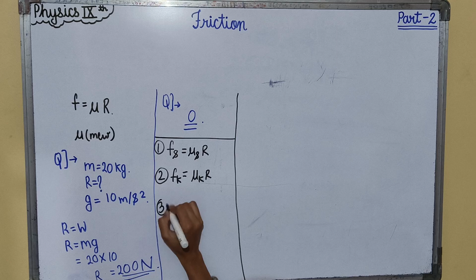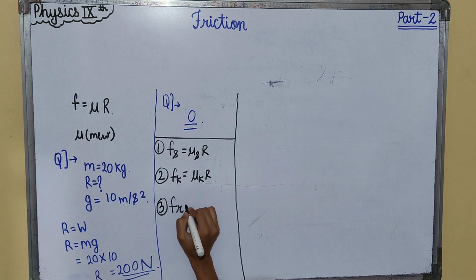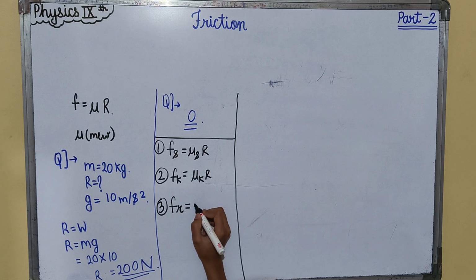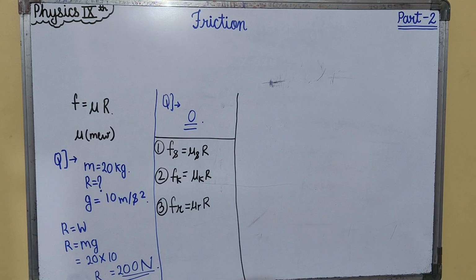Third is the rolling friction. The magnitude of the rolling friction is directly proportional to the normal reaction between the surfaces. So rolling friction is equal to mu rolling into R, that is normal reaction.